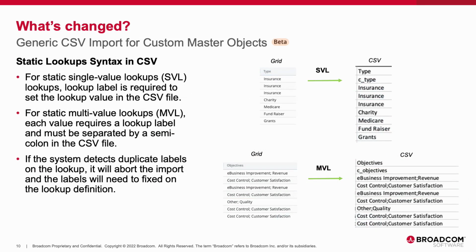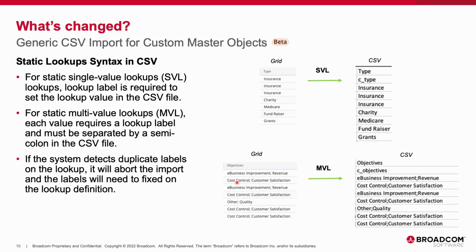So in this slide, we're going to discuss the static lookup syntax within the CSV in order to import that into Clarity. For static lookups, all you need to do is use the label that you have within the grid, and we apply that within the CSV. The same goes for MVLs.